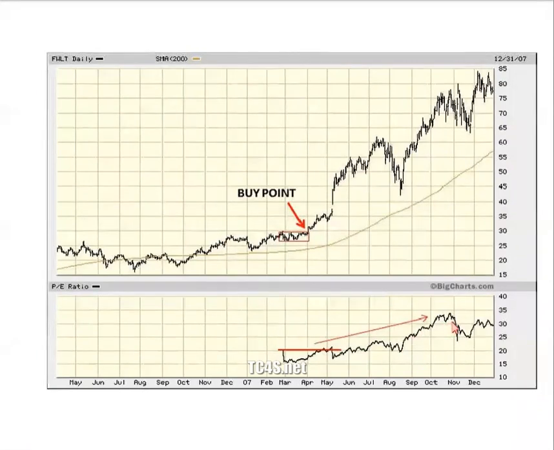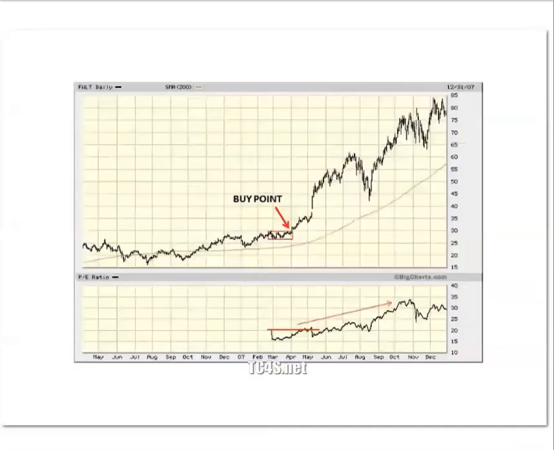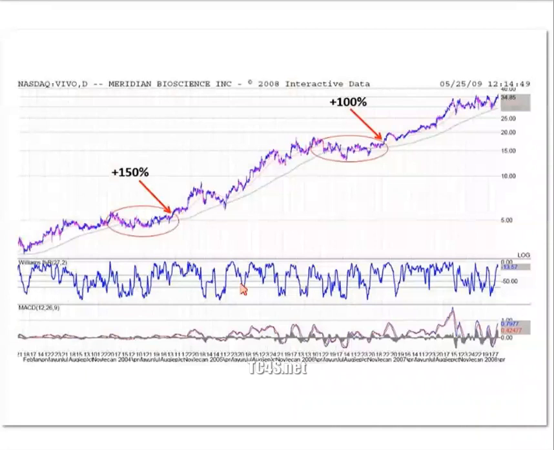You can get sometimes PE expansions of 100, 200, even 300 or 400% before a stock tops. So don't get nervous if you see the stock breaking out of these bases and you're at a high PE. Sometimes it seems like it's in the stratosphere. I bought Yahoo at 900 times earnings, and then it went to 1,500 times earnings. So very often you'll see that.